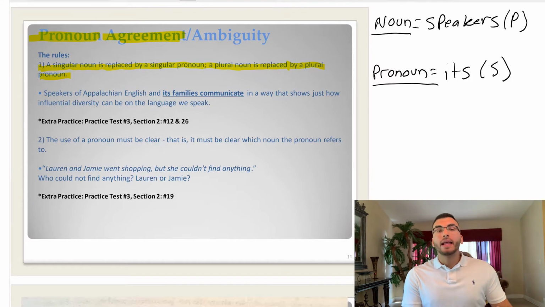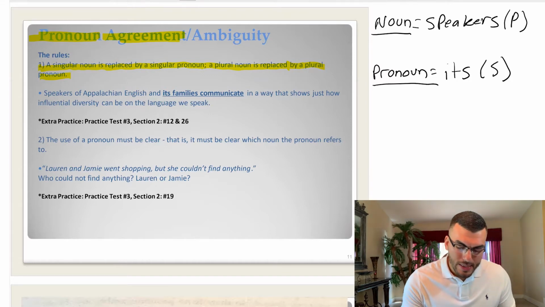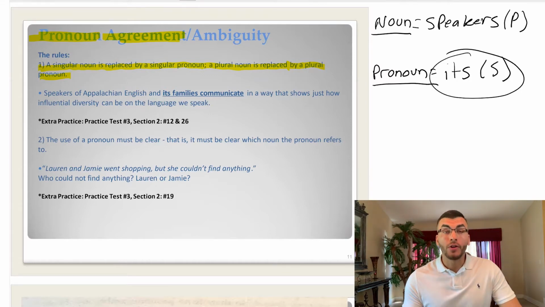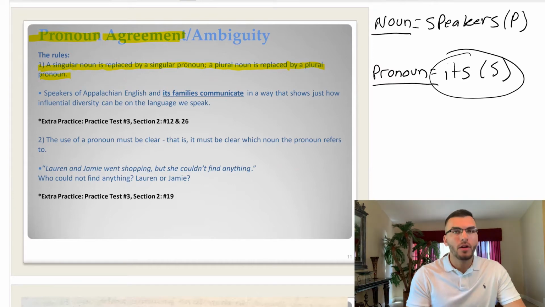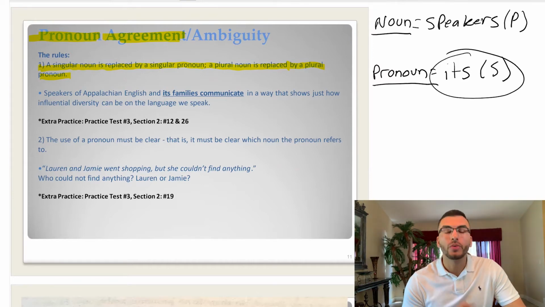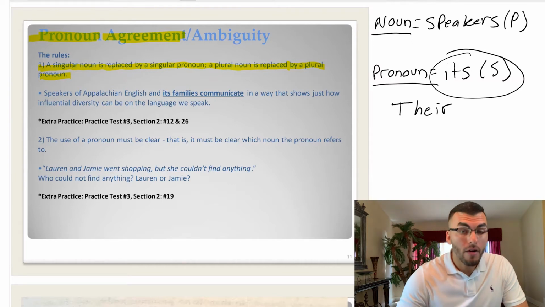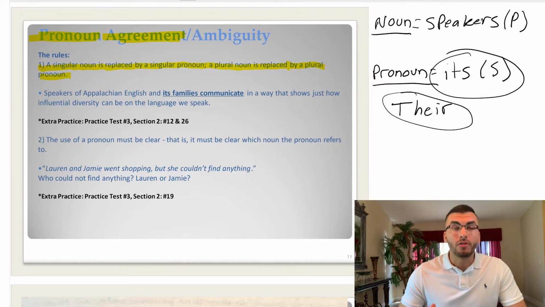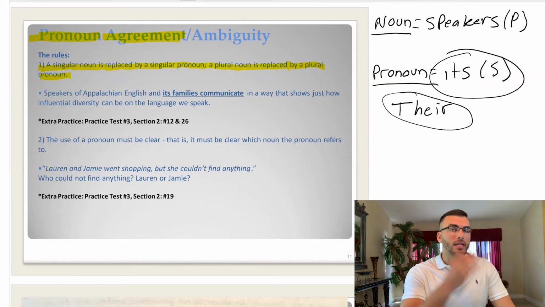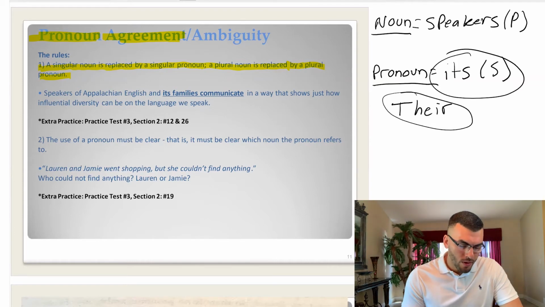No. If we had answer choices, you would need to select the pronoun, the underlined portion, that would match up with the plural subject. So you would choose the plural pronoun. Their would be acceptable. Speakers of Appalachian English and their families, because their is referring to multiple people, as we looked at in a previous example.